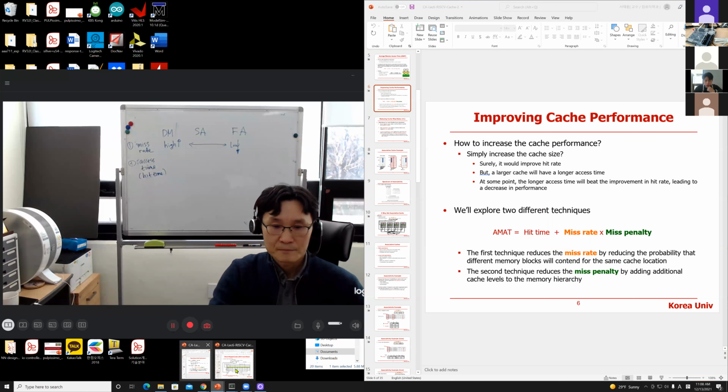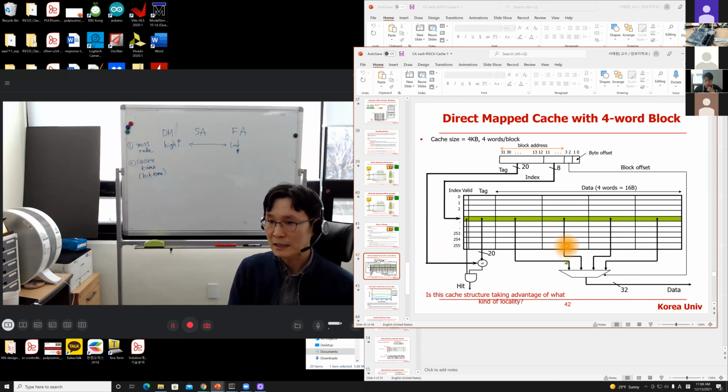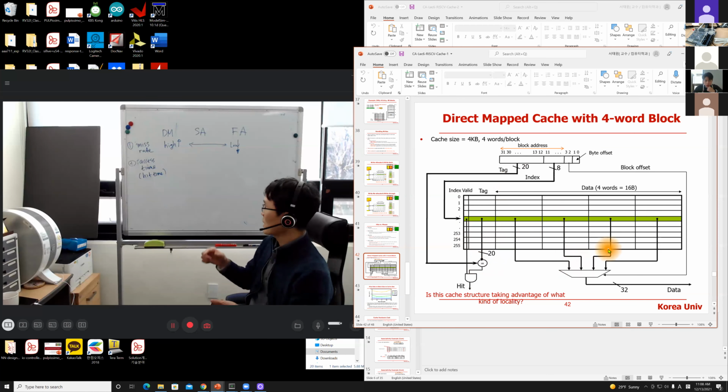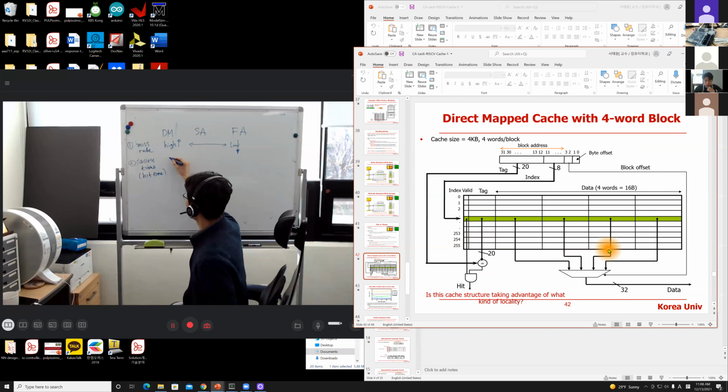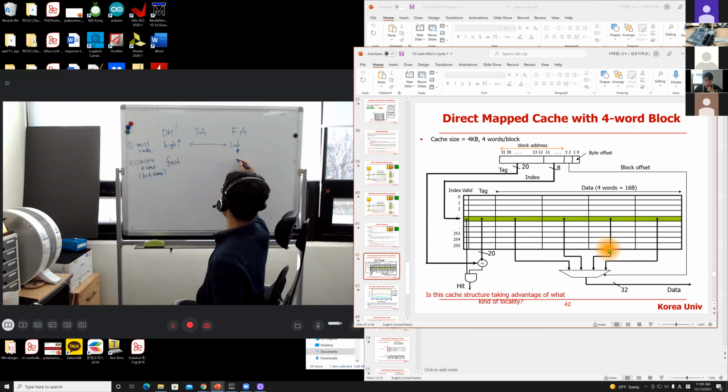So you read out tag information and data. If the tag is equal to the chunk ID, then we have a cache hit. That is the access time, reading data from the cache. The cache structure is very simple, so access time is pretty fast. And fully associative cache is very slow, with set associative in the medium, right?